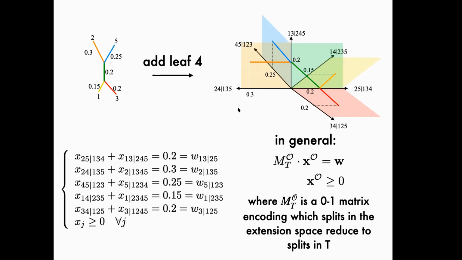The columns are my edges in, say, the orange orthant. The rows are the ones in my original tree. And then I have a 1 if one split is going to the other. And then times your edges in your new orthant have to equal your edge weights in your original tree. Okay.